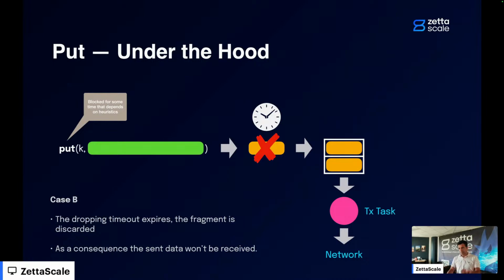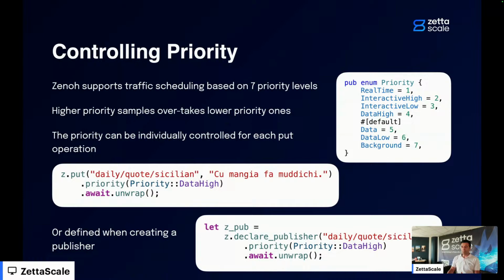Okay. Now let's look at priority. Now in Zenoh we have several different levels of priorities, and every priority has a different queue. Higher priority samples always overtake lower priority ones.